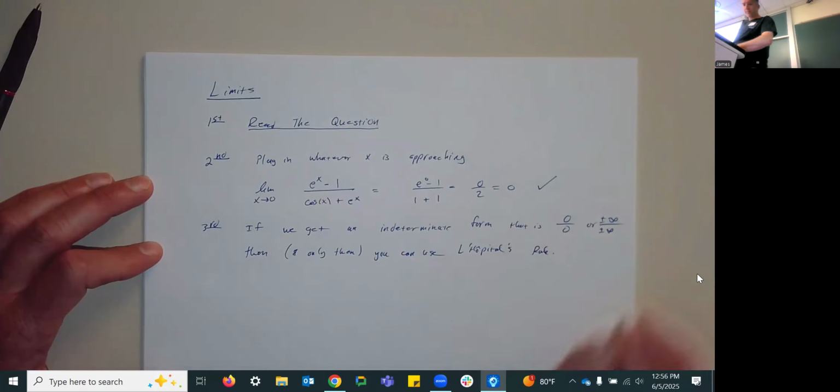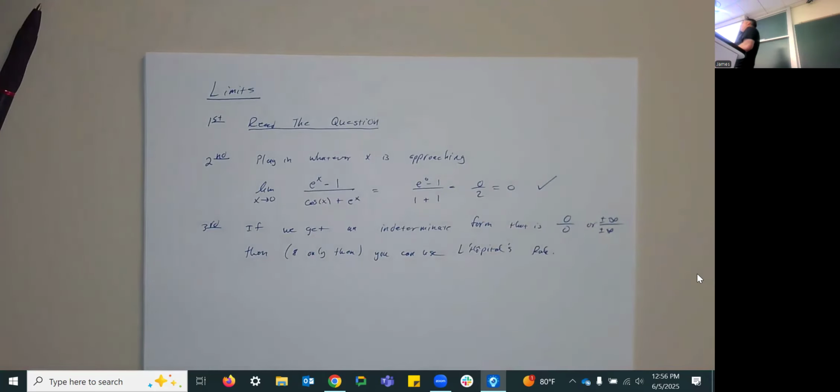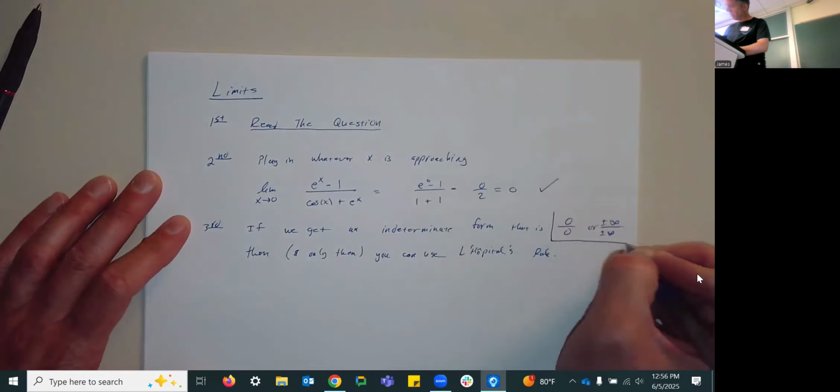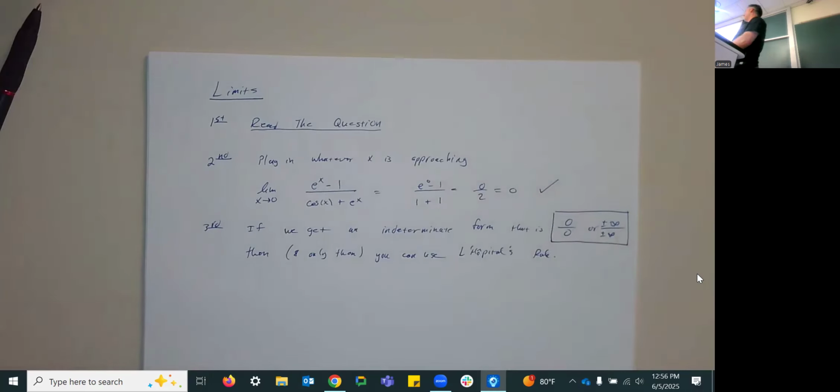Should you? Probably. There are rare exceptions. I don't think your instructors are going to try to trick you into accidentally using L'Hopital's rule in a case where you could, even though you shouldn't. I tried to give an example of this a couple of classes ago. If you see this, I would say it's the safe bet to just go ahead and use L'Hopital's rule right away. But I will tell you, it has to be one of these.